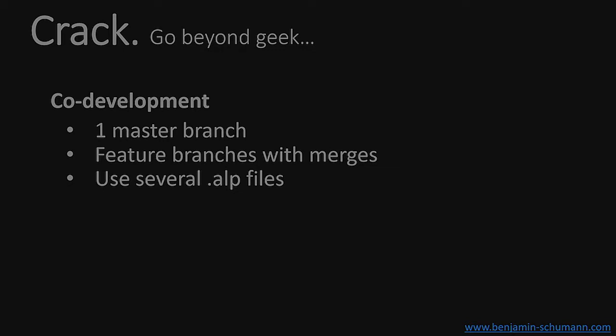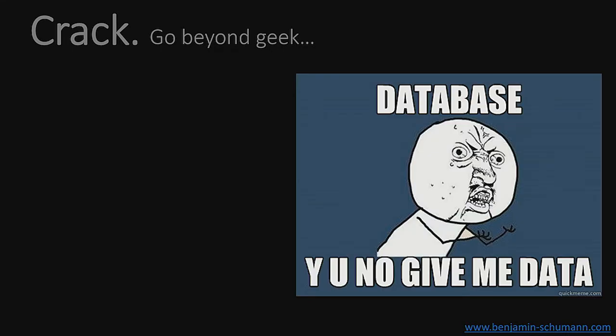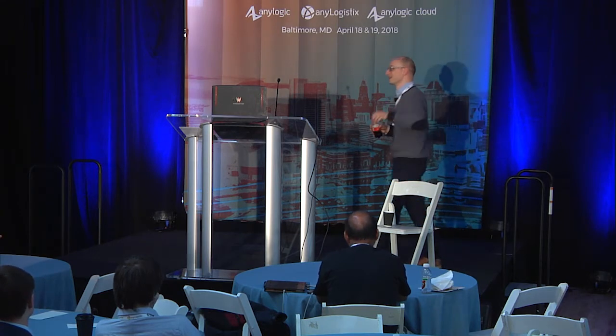Good, next one. The database. Who's used the database and has been bumped because it doesn't give you the right kind of data? Like you make the right query and it should work and the data is there, but it's not doing it in the model. So you've been there, I've been there.